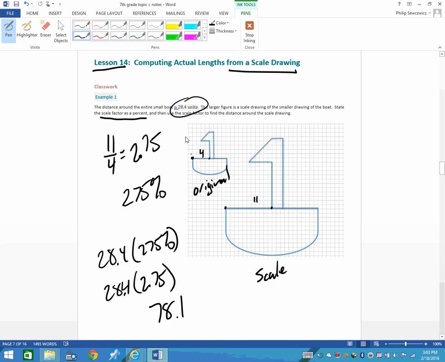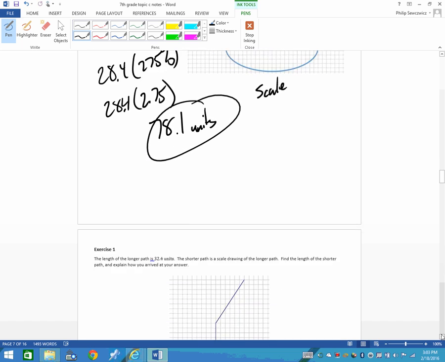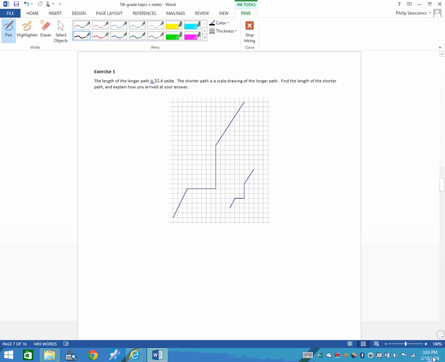Again, units they're just saying there. So figure out the scale factor and then use the scale factor. We can do that with perimeter. We're going to see that area does something different, but with perimeter, because it's one-dimensional, we can just multiply and be done with it.